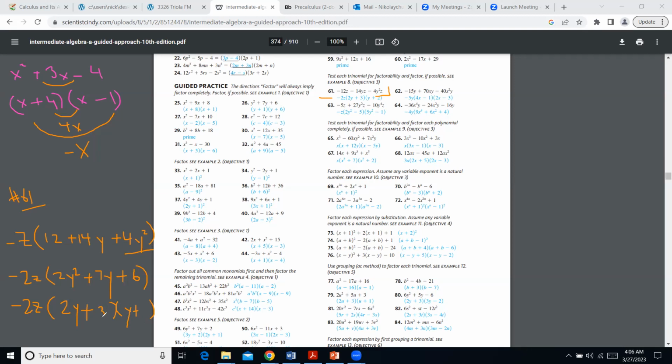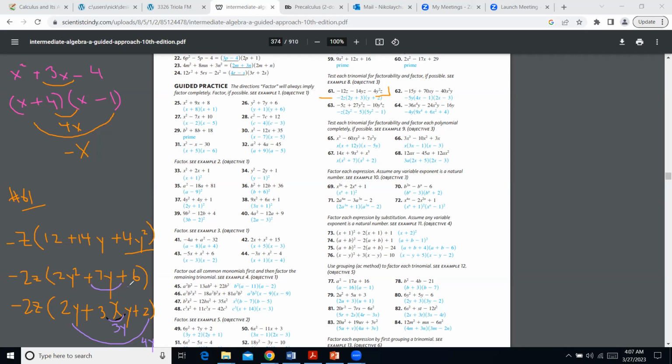So if I put 3 times 2 like that, then when we multiply the inside product, which is 3y, and the outside product, which is 4 times y, 3 and 4 exactly give us 7 in the middle.